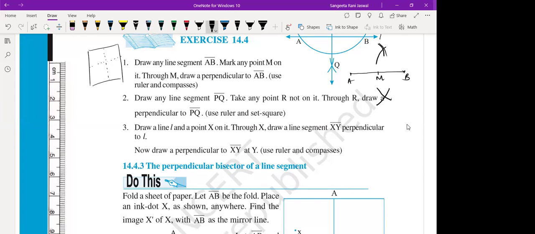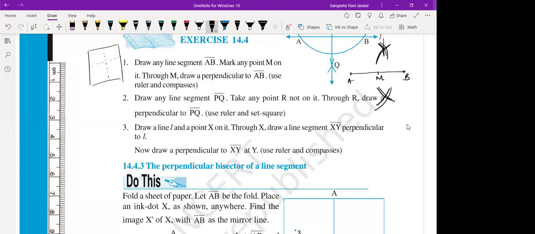Are you understanding? Yes, ma'am. First, open the compass to more than MB, more than the length of MB. Then mark an arc above the line and below the line. Then with the same measurement, don't move the compass, keep your pointer at A and mark the arcs like this, so that the two arcs intersect each other.